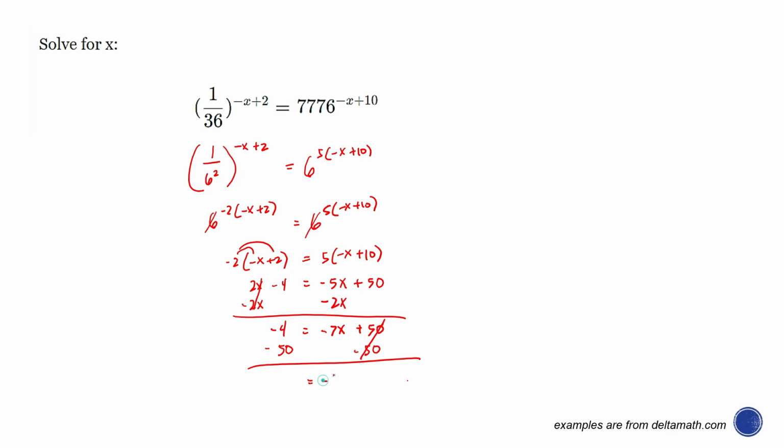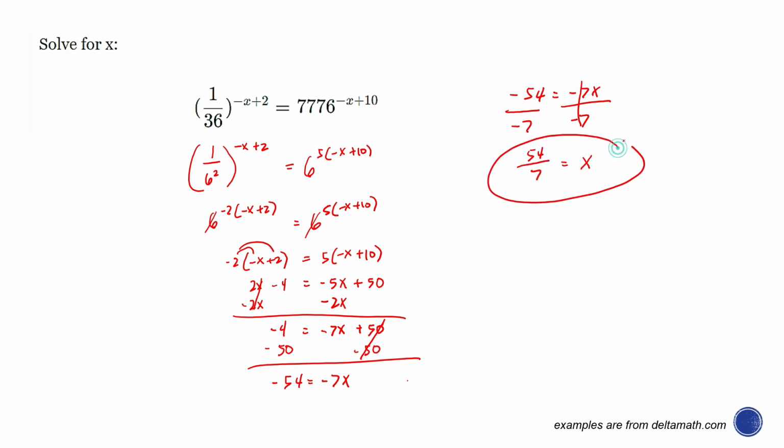This will give me negative 7x. This is negative 54. So negative 54 equals negative 7x. x equals 54 over 7.